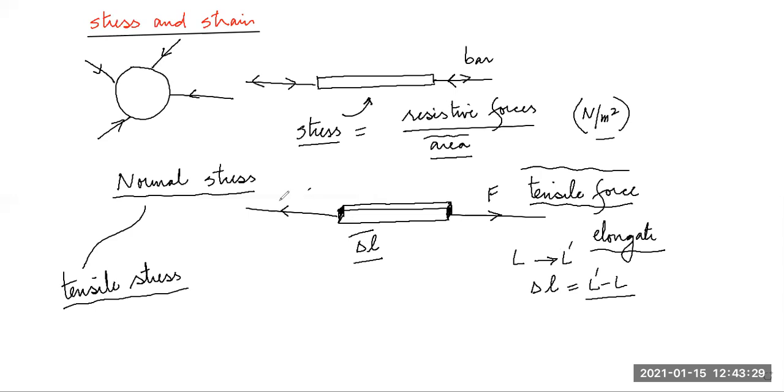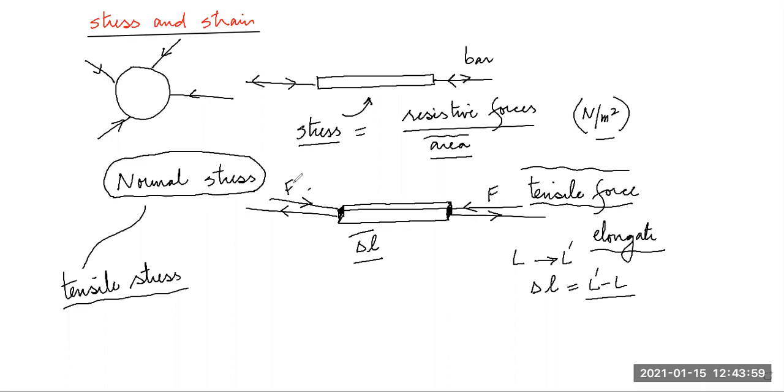But in the reverse, in case I apply this force, I try to compress the body. My line looks a little inclined to this surface, but actually this force is perpendicular to the surface. Very important: if the forces are applied perpendicular to the surface, then only the stresses produced are known as normal stresses.